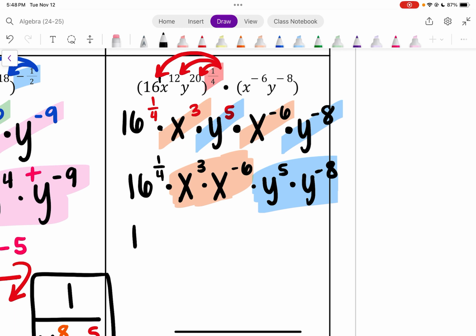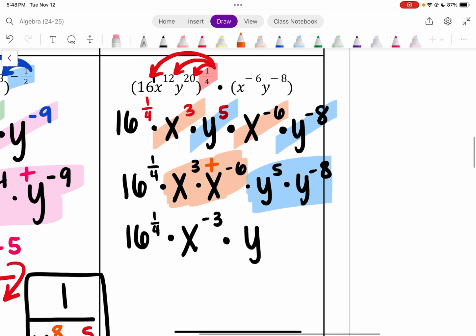So now we have 16 to the 1/4 times 3 minus 6 is a -3, times 5 plus, so remember, we're adding these numbers because same base, we add the exponents.